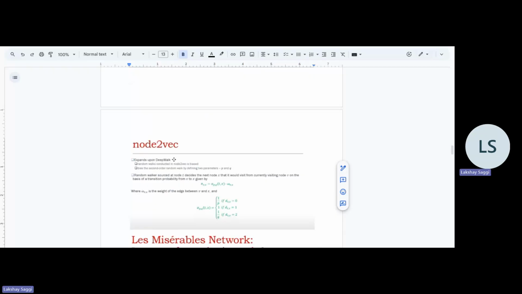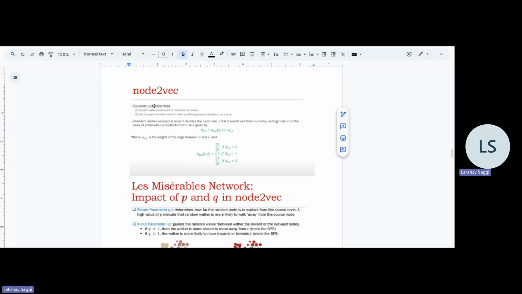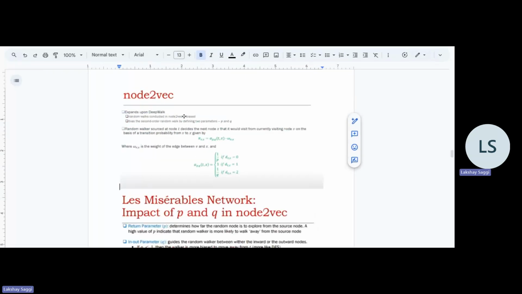So this node2vec algorithm expands upon the idea of DeepWalk. DeepWalk just used, as I already said, random walks of certain length. And note that random walks conducted in node2vec are biased.